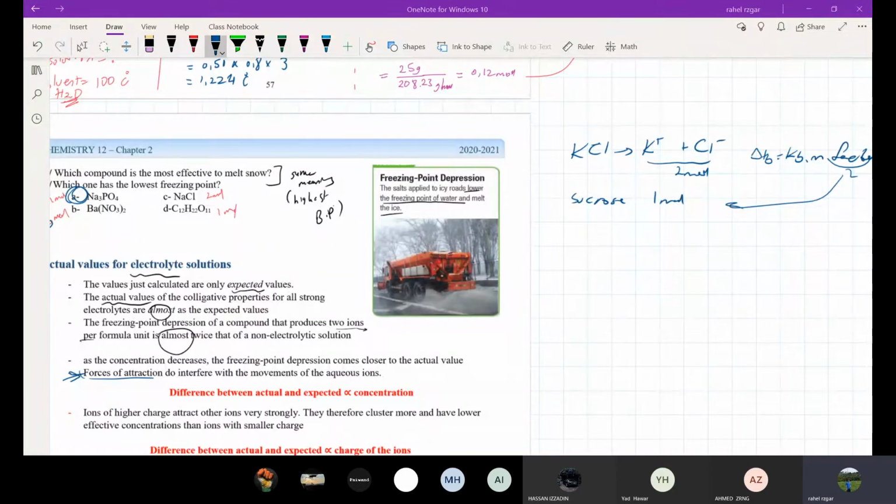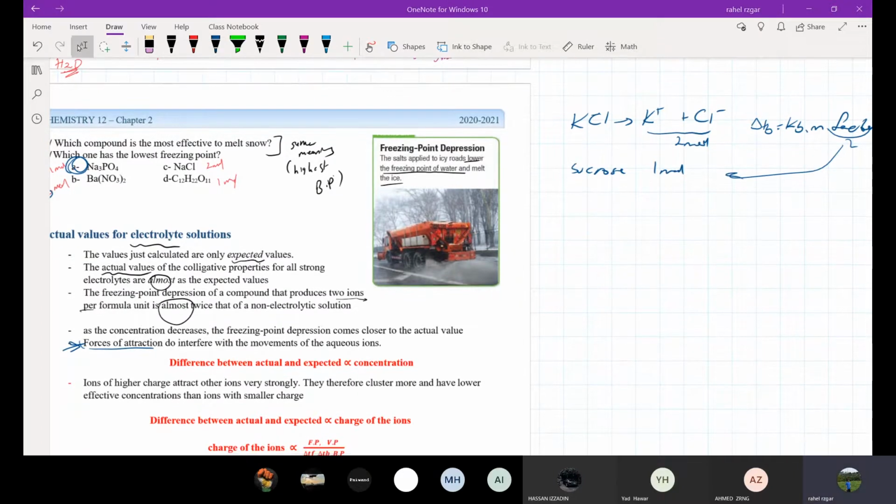Due to that attraction, the movement of the particles is somehow slowed down or decreased between the ions. If we do an experiment instead of a calculation, we cannot get the exact number that we had in the calculation.